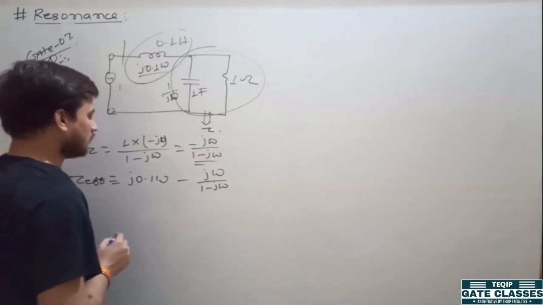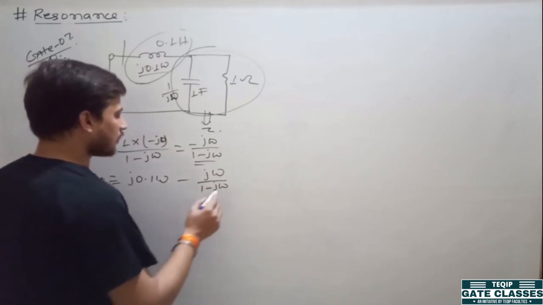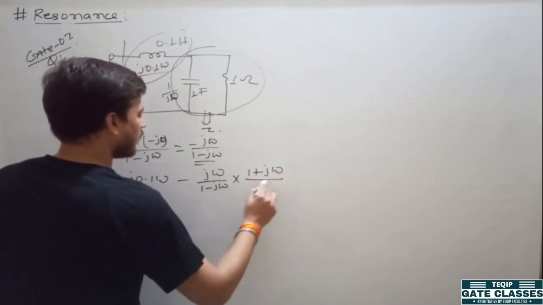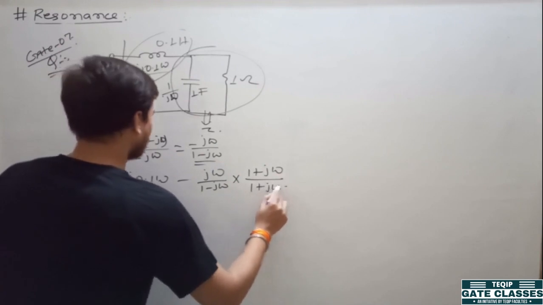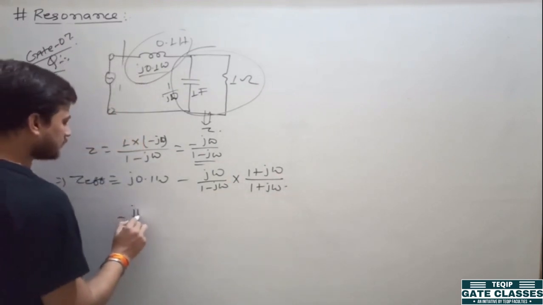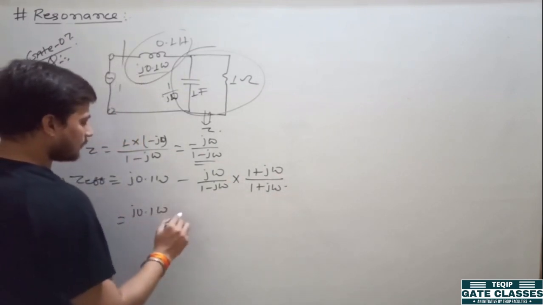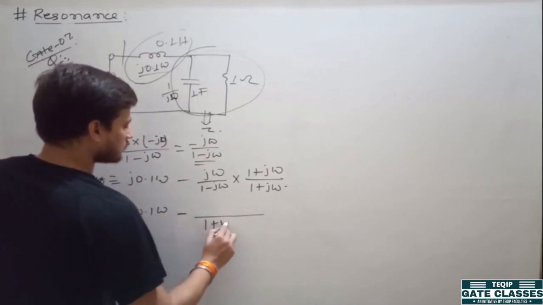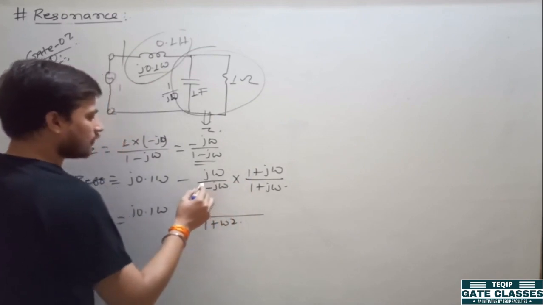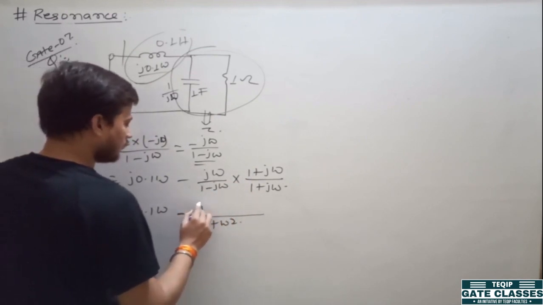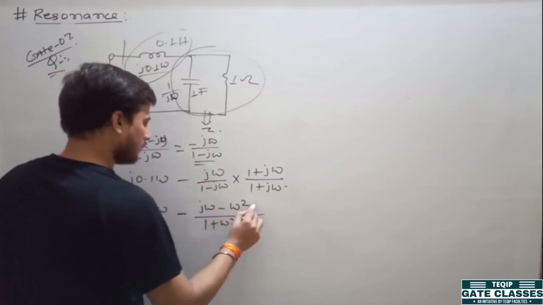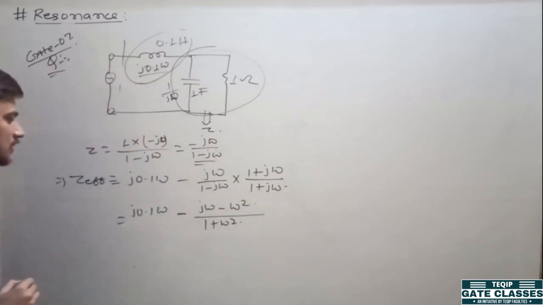So here you can write into 1 plus j omega divided by 1 plus j omega. So from here it will be j 0.1 omega plus, the denominator will be 1 plus omega square, and in the numerator it will be j omega minus omega square.